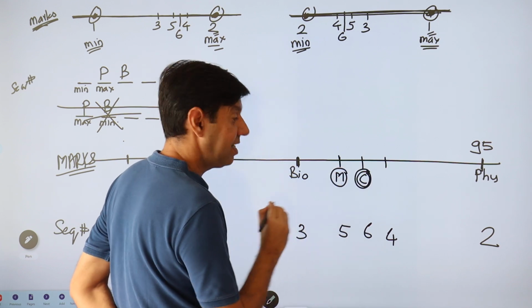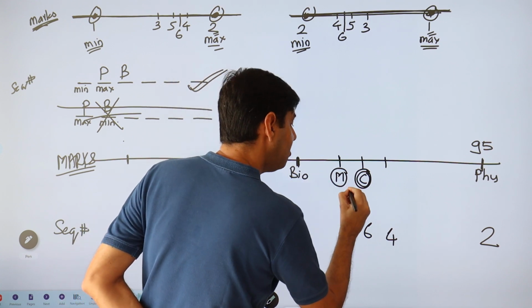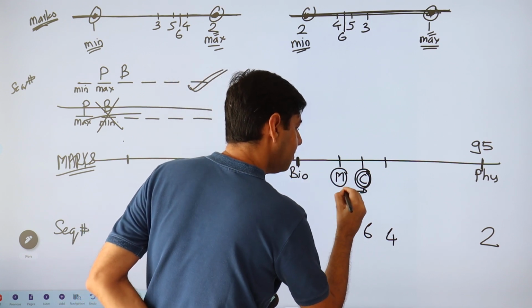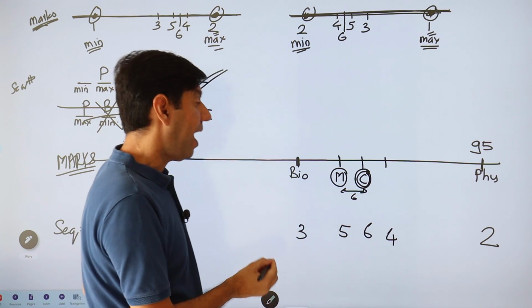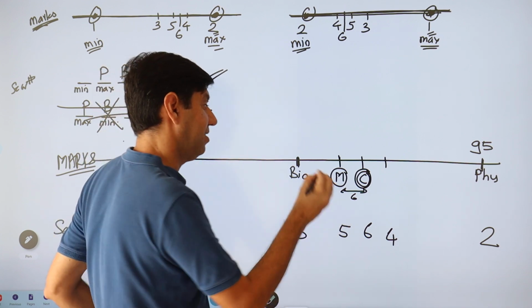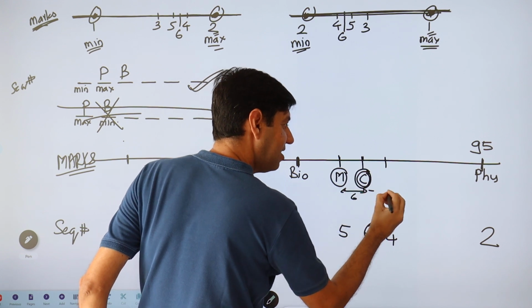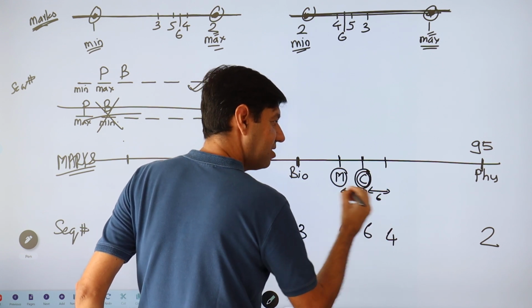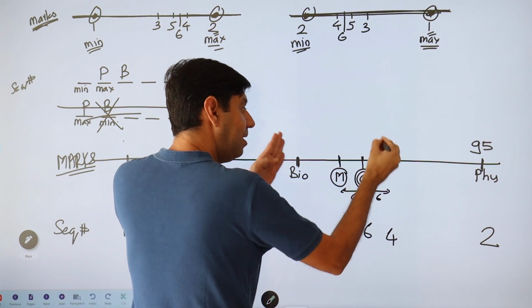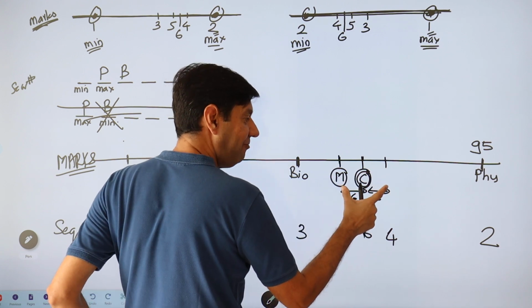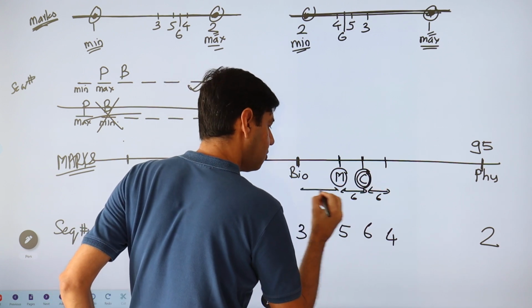So I put the two things, and then it says this difference of marks is 6. And now the idea of midpoint comes into the picture. This 6 is the midpoint of these two. If this is 6, this will also be 6. So this is 12, and the fifth is the midpoint of the third and fourth. If half of it is 12, the other half is also 12.